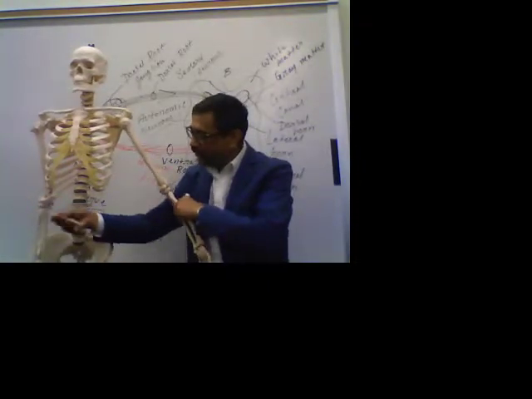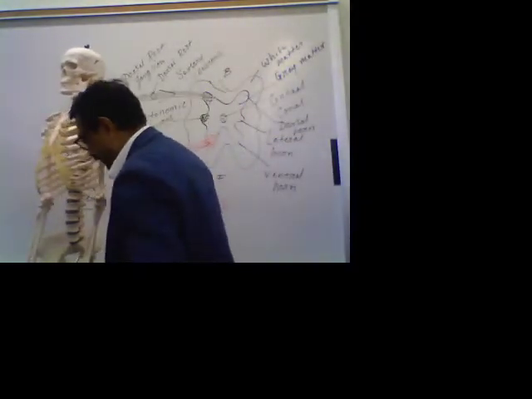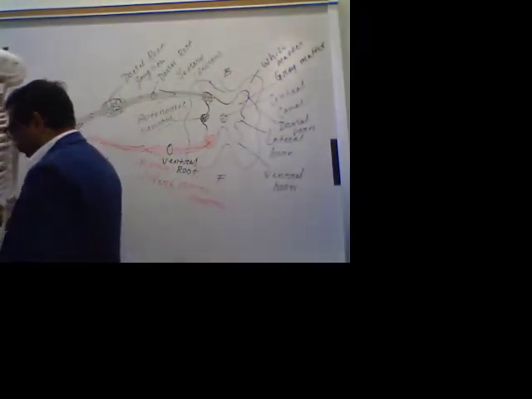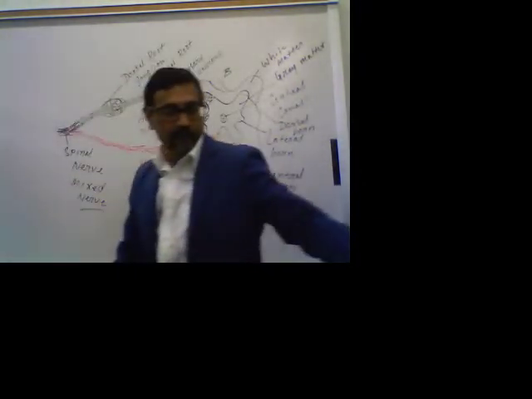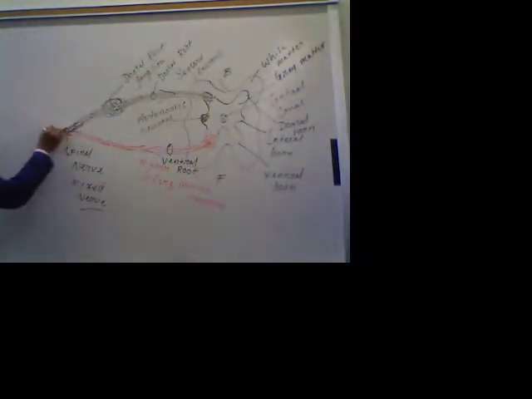Okay, the spinal nerves come out, and then it divides again. So the spinal nerve is a short nerve and it comes out through the intervertebral foramen and then divides again like this. And in each division, you have both sensory and motor fibers.